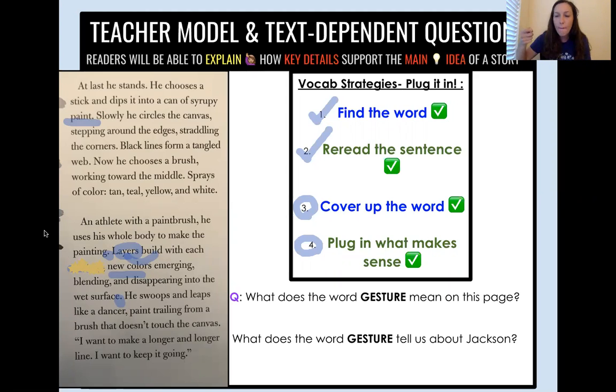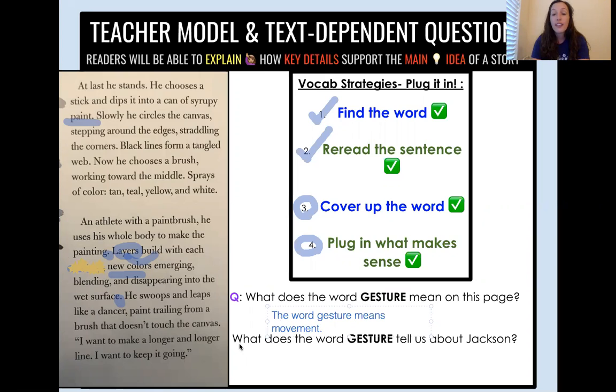And he is doing that by moving his body. And it makes sense that that would make layers of paint. So can we say that the word movement makes sense in this sentence? Yes. We can use this plug it in strategy to say the word gesture means movement.